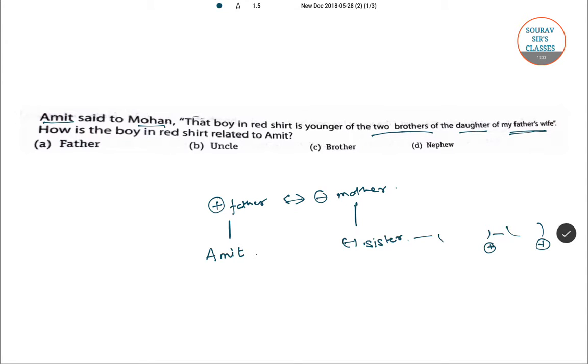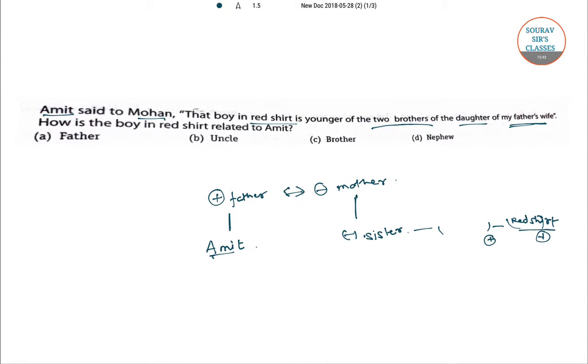And the one in the picture with the red shirt is the younger of the two. So the boy in red shirt is the younger one. Now this boy in red shirt can be Amit himself or his brother. Since himself is not an option here, the correct answer would be option number C, that is brother.